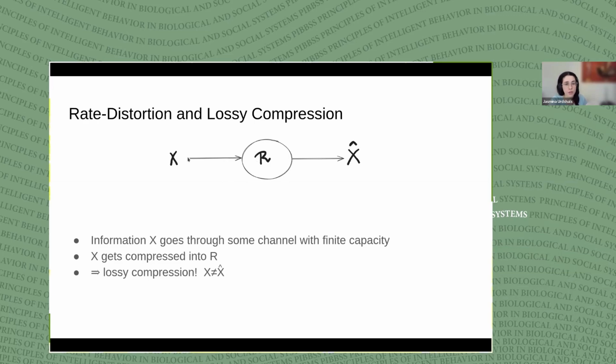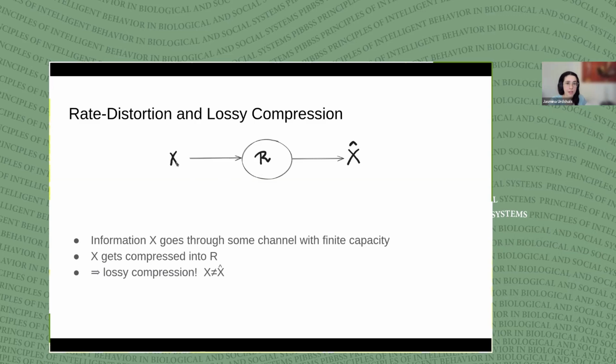And this transition, or this mapping here from our initial X to the R, can be many things. It can even be deterministic, where we have a code book that's translating between the two. But for practical reasons, combinatorics, even if there is a deterministic code book, you would usually model these variables X and R by using random variables.